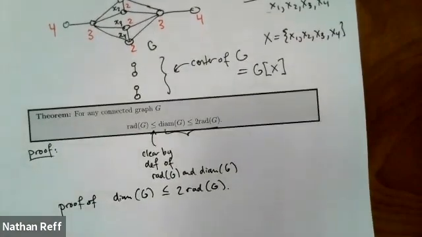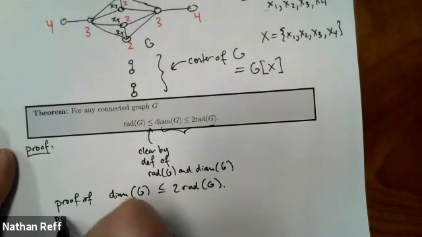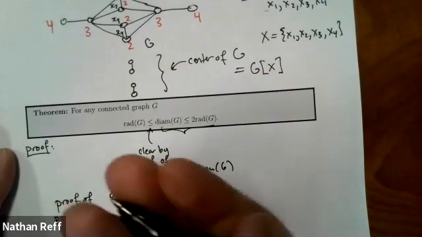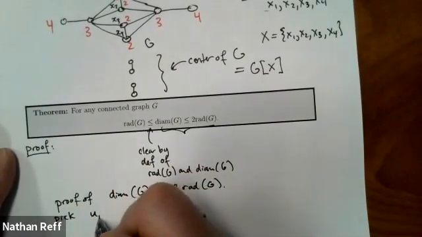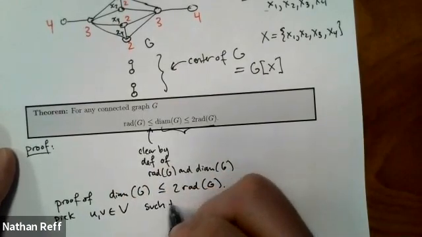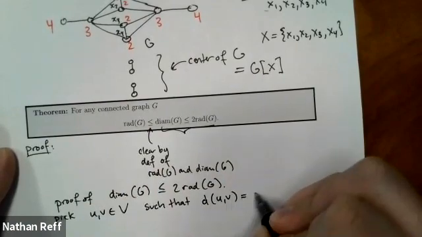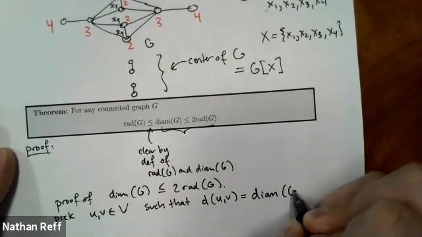The trick here is we're just going to use the triangle inequality from before. So pick U and V in the vertex set such that the distance between U and V is equal to the diameter of the graph.